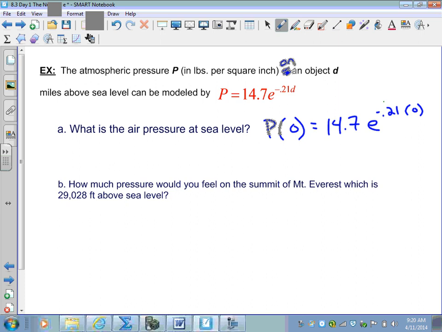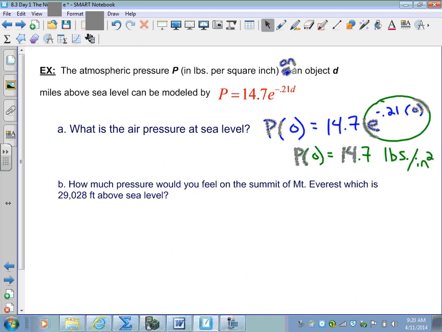Well, it's 1. So our initial pressure, or pressure at sea level, is going to be 14.7. And the units here are pounds per square inch. So right now, everywhere on your body, about the size of a quarter, that's about a square inch, there's 14.7 pounds of air pressure from way, way miles up pushing down on your body. Little neat fact there for you.